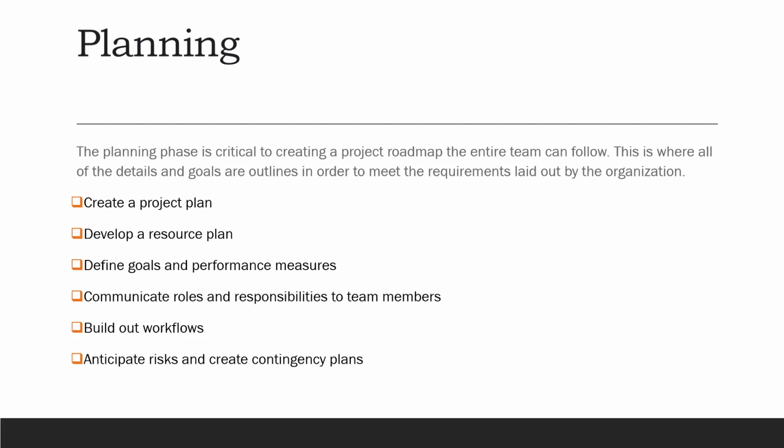For example, the contingency plan. What do you assume? What are the risks? What are your assumptions? And a typical example is the organization does not yet have money to run the project beyond the life cycle of the donor funding. So what are your contingency plans?